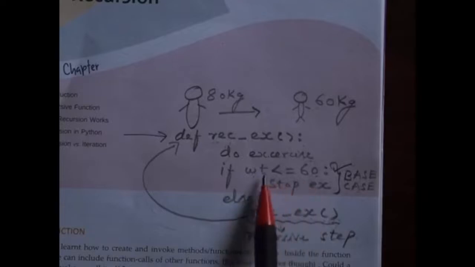Next we are going to see base case. In base case what is there? Usually there will be a condition. If this condition is true, it will stop the execution. Suppose this base case is not there, I will remove these two lines.